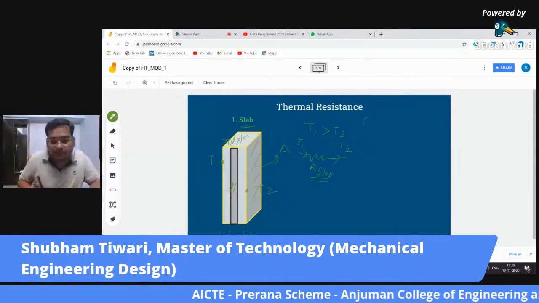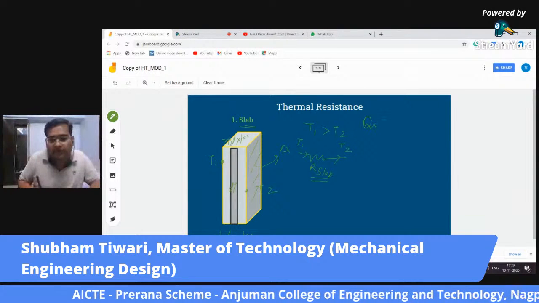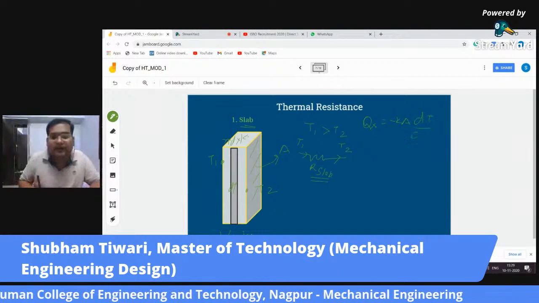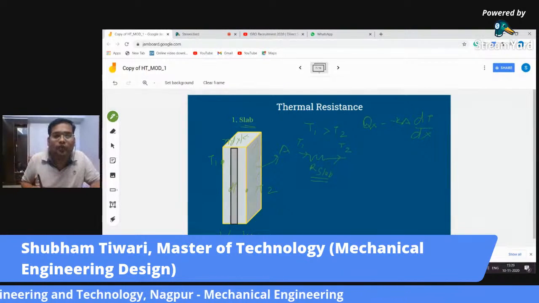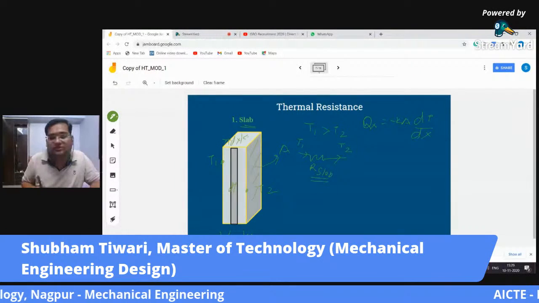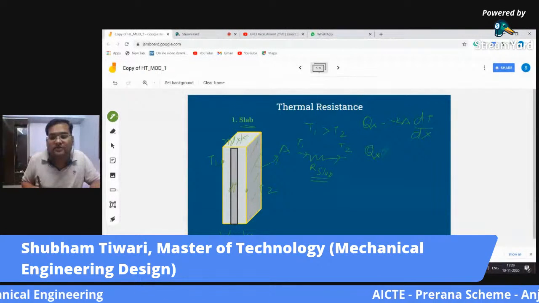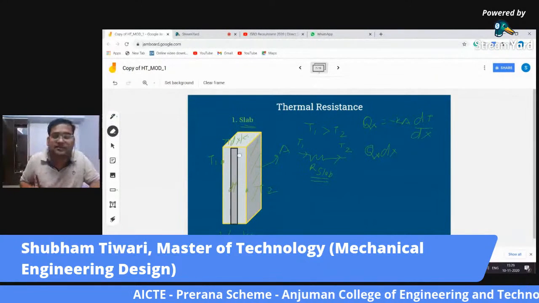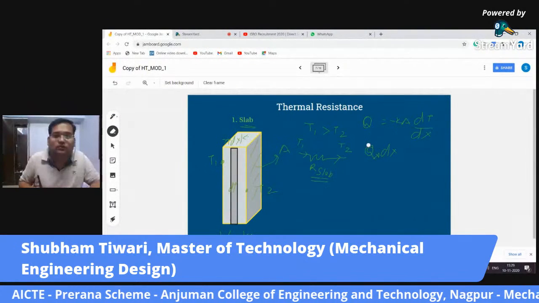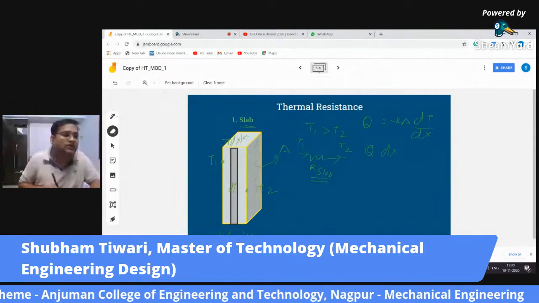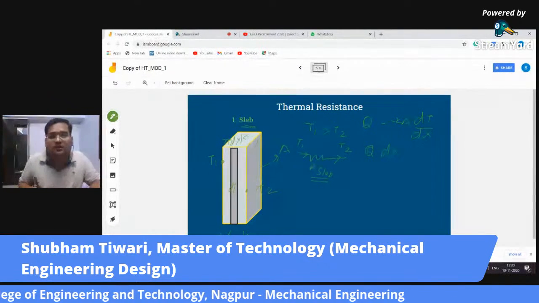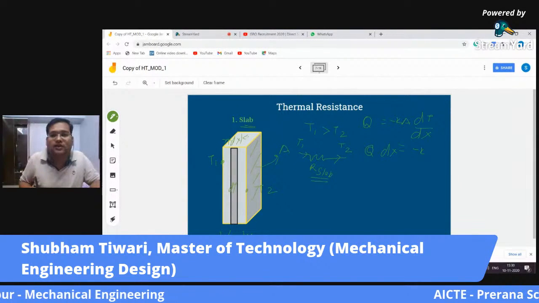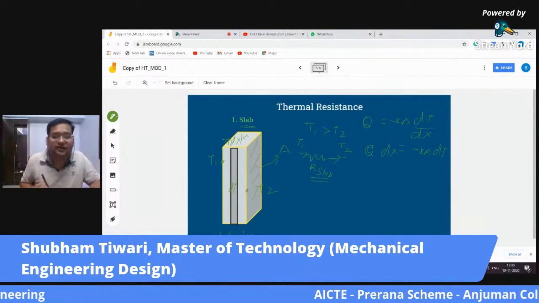So with the help of Fourier's heat conduction law, we can write Qx equals minus kA dT by dx. What we can now do is rearrange the term. Let me erase this x, that may cause confusion. So Q into dx equals minus k A dT. This is how we can rearrange.